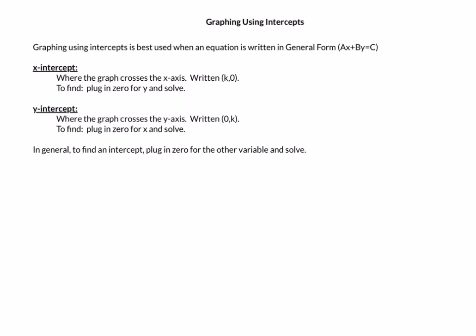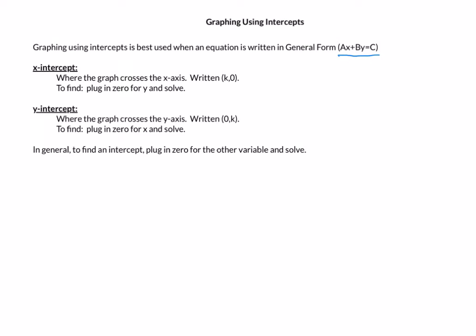So first off, graphing using intercepts is best used when an equation is in general form, which is ax plus by equals c. So our x-intercept, this is where the graph crosses the x-axis. It is written (k, 0). To find it, we want to plug in 0 for y and solve.